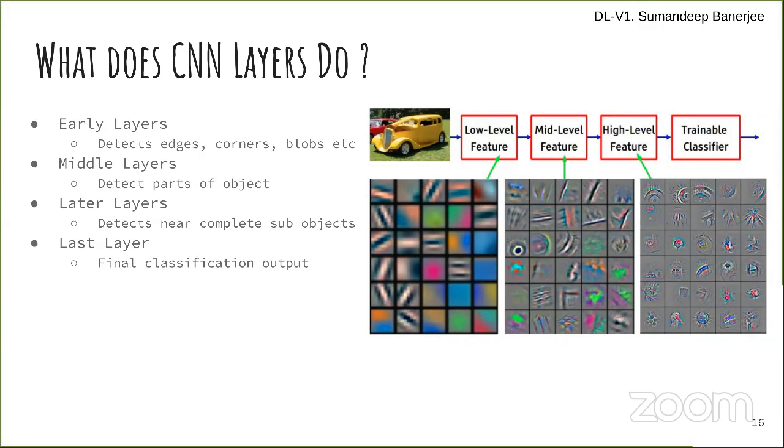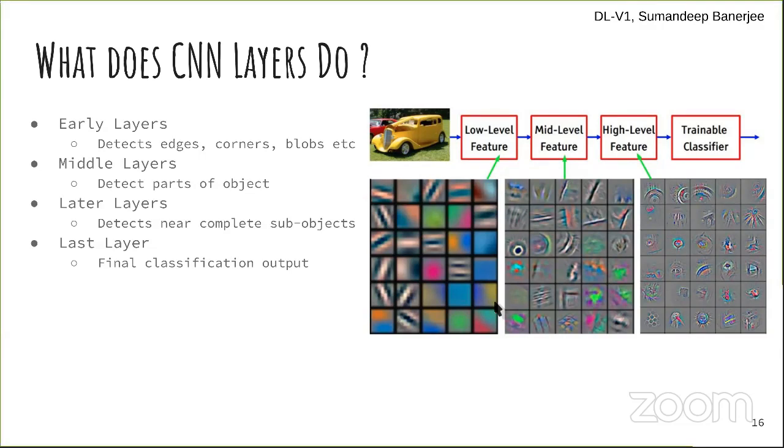What happens is the early layers tend to detect more basic and simple constructs within the image. The early layers detect edges, corners, blobs, etc.